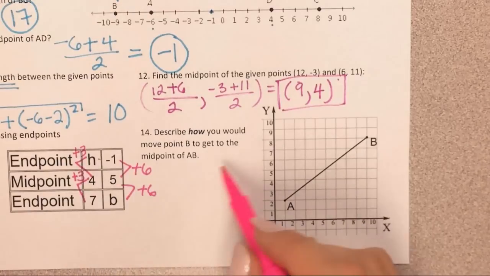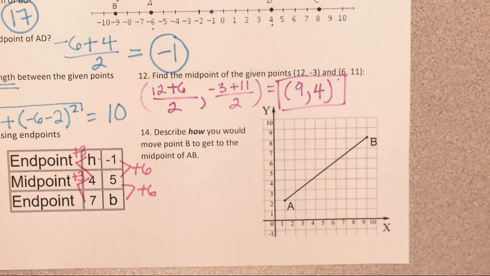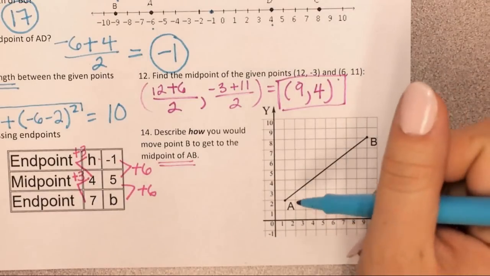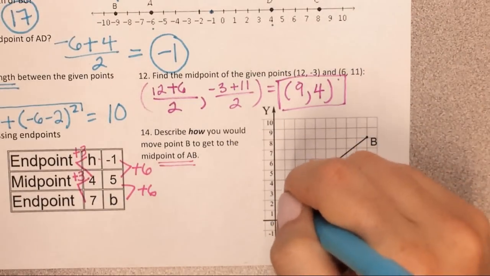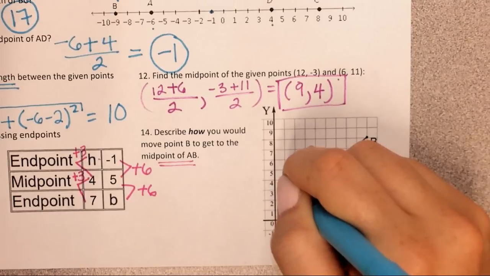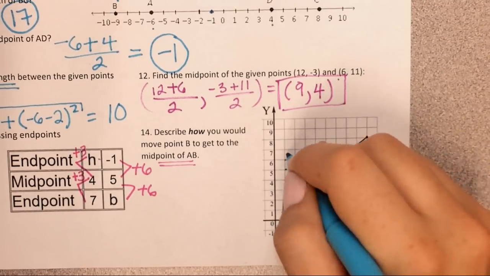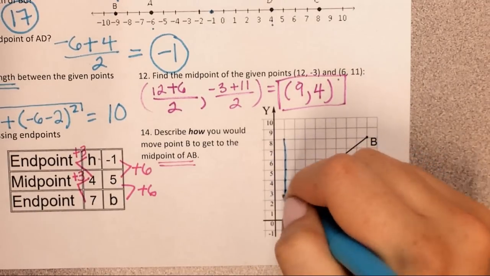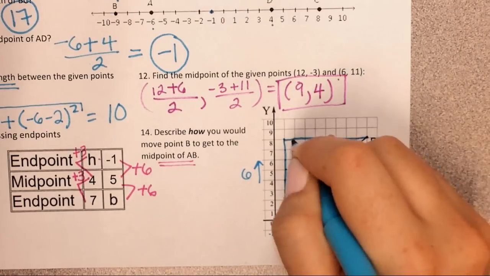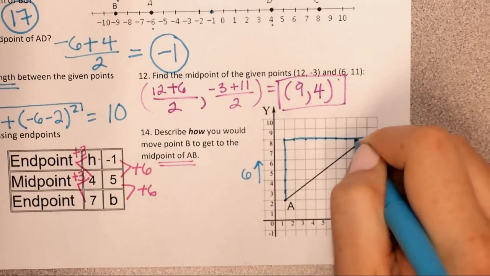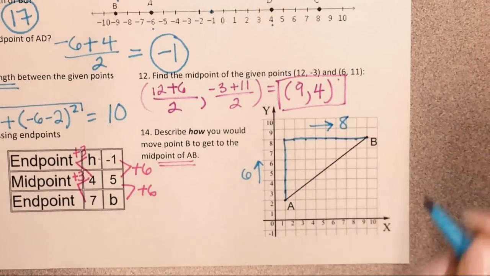All right, describe how you would move point B to get to the midpoint of AB. All right, so one of the ways that you can solve problems like this is by counting the rise and run and then halving it. So if I count my rise, I'm going up 1, 2, 3, 4, 5, 6. And my run is 1, 2, 3, 4, 5, 6, 7, 8. Okay?